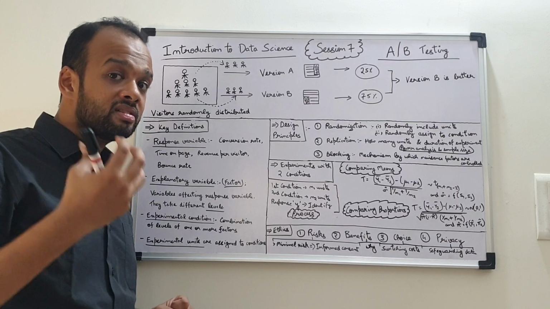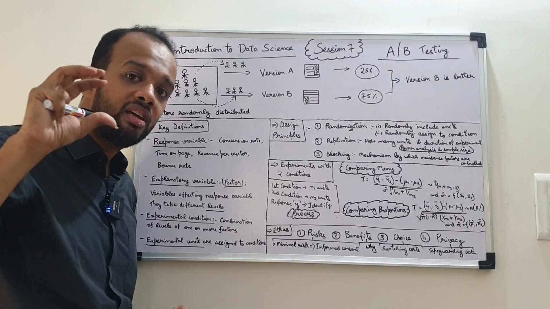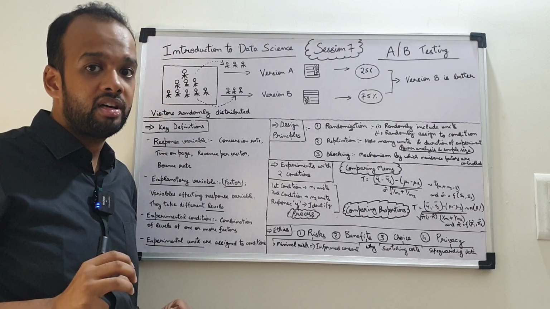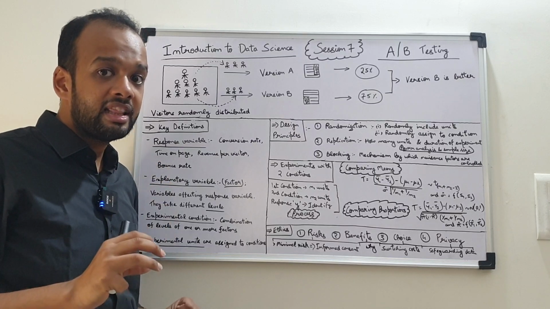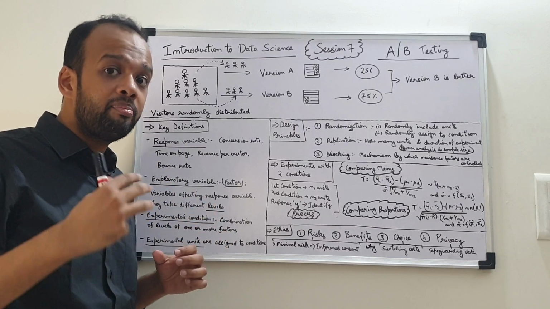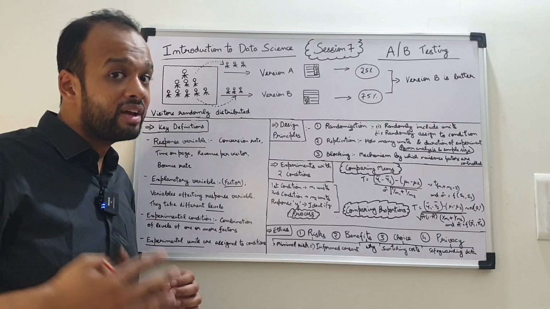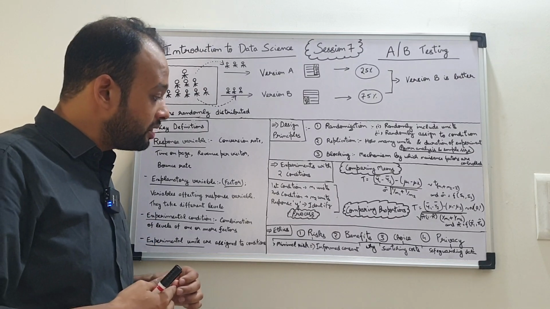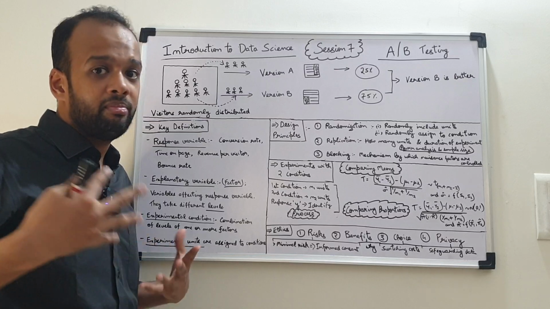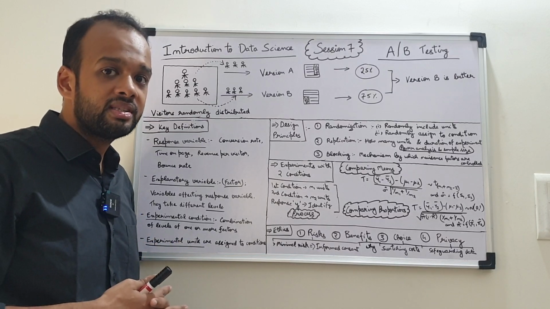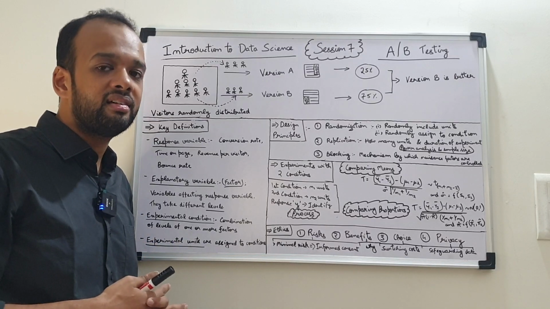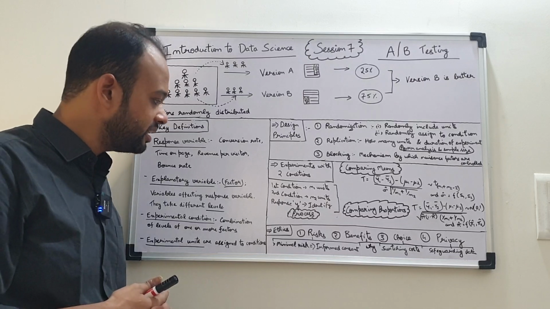And some customers, if you're not showing them the proper representation of your business, might get offended and go out of your funnel. They might just leave your business and never come back. So this is a simple thing. I mean, there can be graver consequences of running unethical experiments, right?